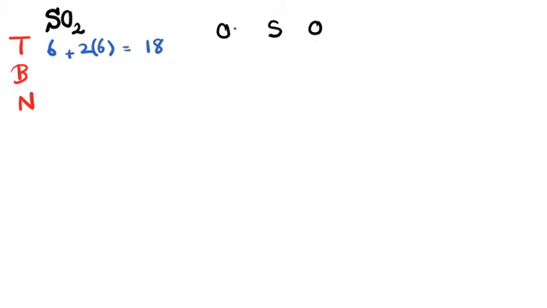I'm gonna make a bond between terminal and central atom, 2 and 4. So I used 4 bonding electrons here. I subtract to find 14 non-bonding electrons. So I add 6 electrons to each terminal because we don't have hydrogen. I used 12 electrons, 2 electrons left, I add to the central.